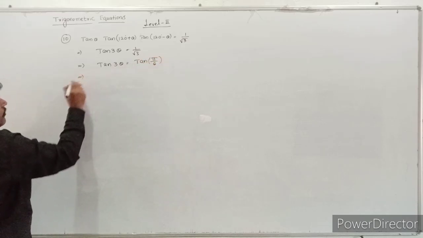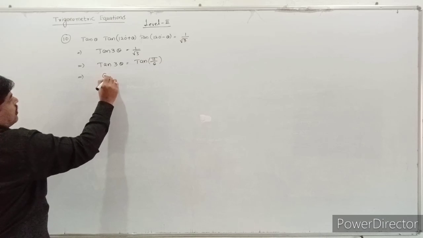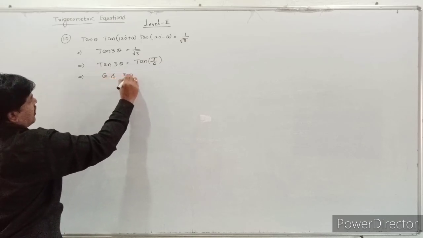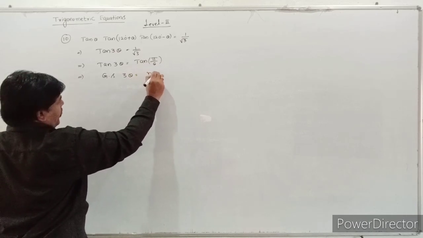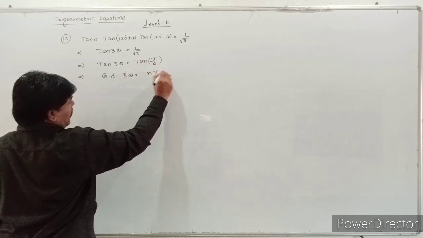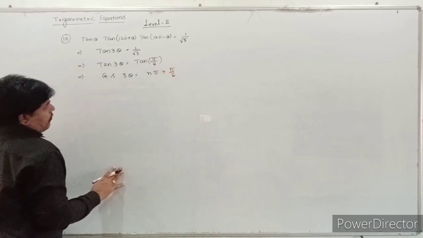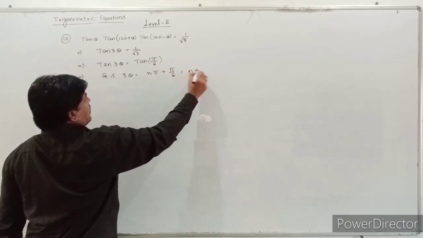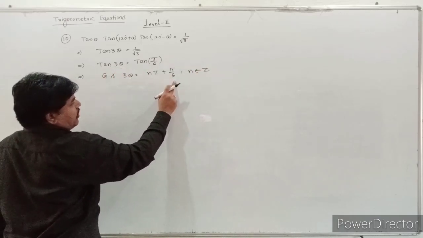So what is the general solution? The general solution is 3 theta equal to n pi plus pi by 6, n belongs to Z. That is, 3 theta is equal to n pi plus pi by 6.